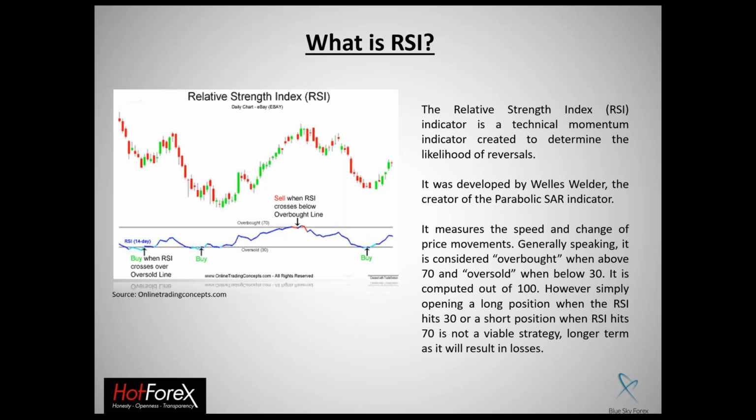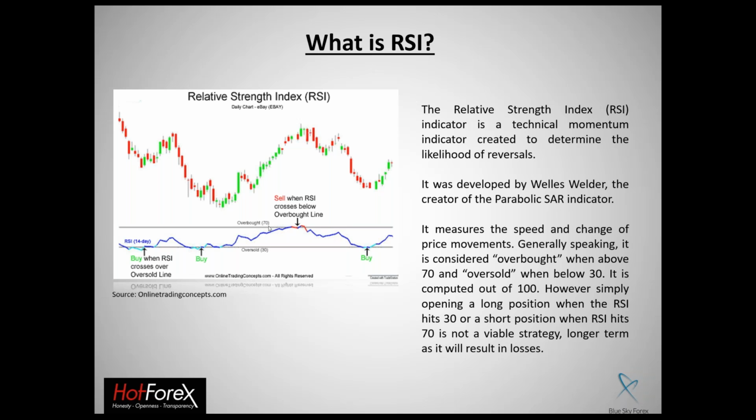So what is RSI? RSI is the relative strength index. It is a technical momentum indicator, and it will help you determine the overbought or oversold conditions of a certain asset price. Now, the RSI scales up to 100.